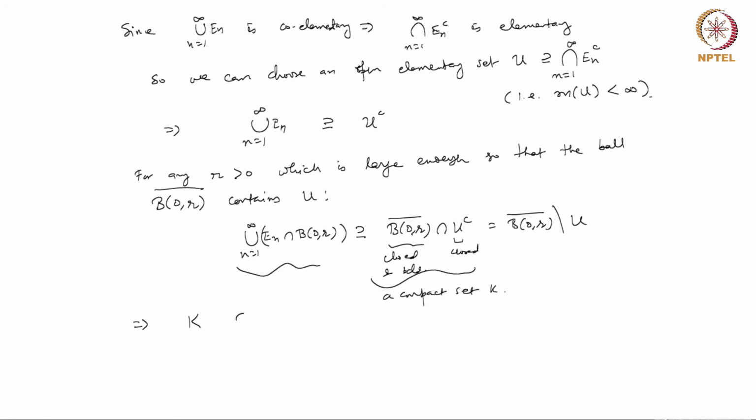So this compact set K is contained in the union of En where n belongs to some index set IR, which is given by the set of natural numbers such that En intersection B0R bar is not empty, because the others, if they are empty, we can discard them.